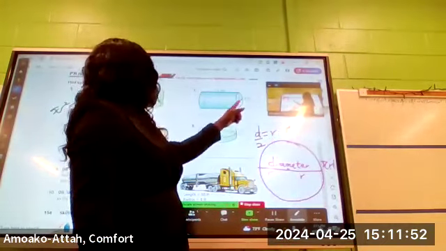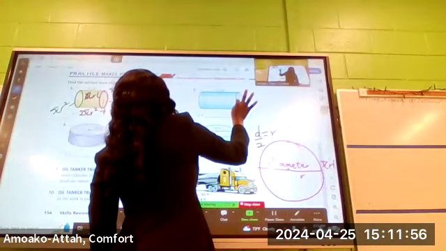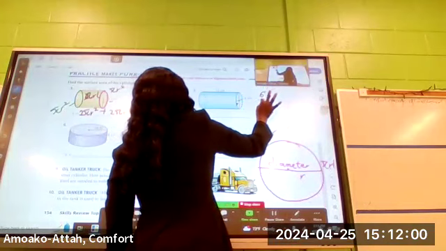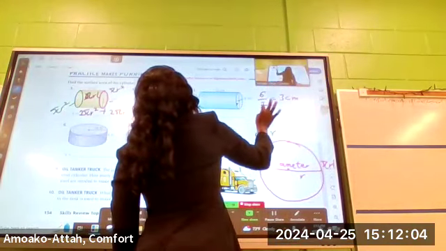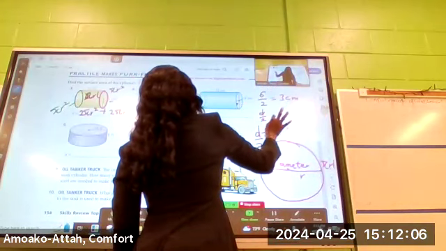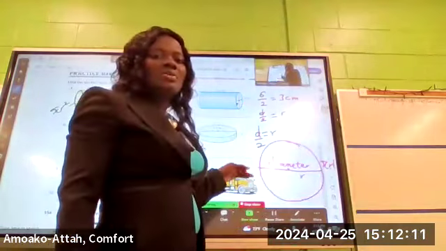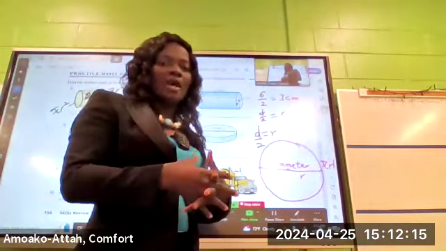Good. So this is 6 centimeters. I have to divide it by 2 to get the radius. So 6 divided by 2 will give me 3 centimeters, which is D divided by 2, giving us R. Then we can use the R to substitute into the formula to get the curved part.